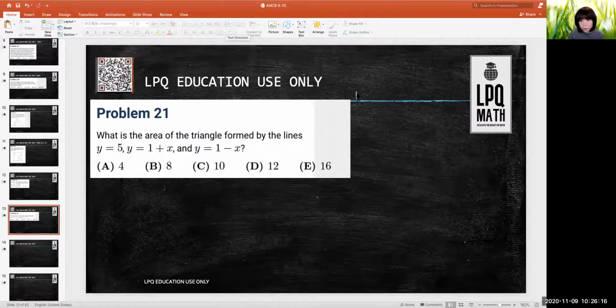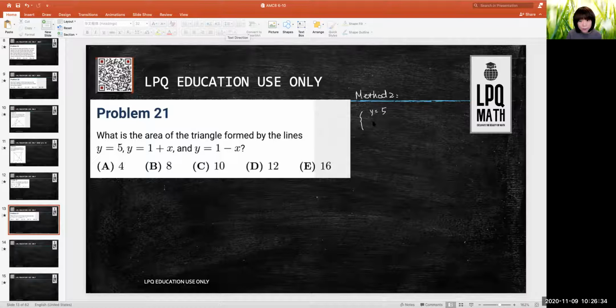So this is method 2. When y equals 5, y equals 1 plus x, and y equals 1 minus x, obviously they form a triangle. So each of them will have the same value.